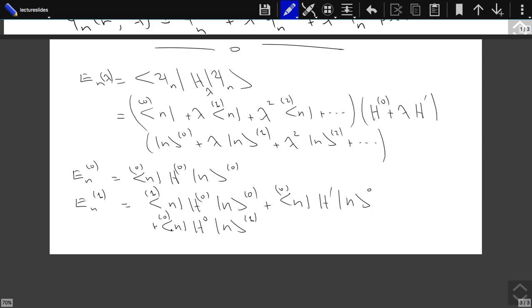But the overlap of n0 with any of the corrections, we impose that boundary condition that should be 0. So this is 0, and so this will be 0. Those two terms are 0, and you are left with our previous result. And you can just take the λ² terms on both sides, and you still get the same correction.